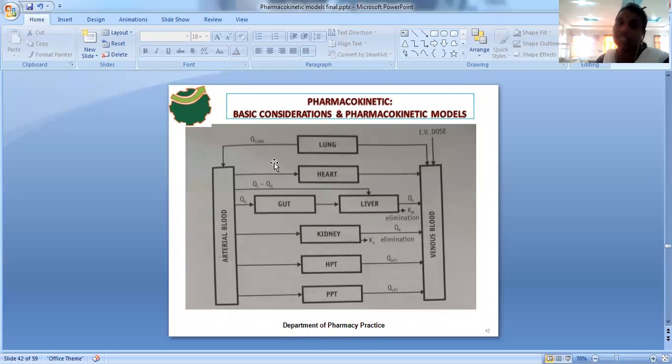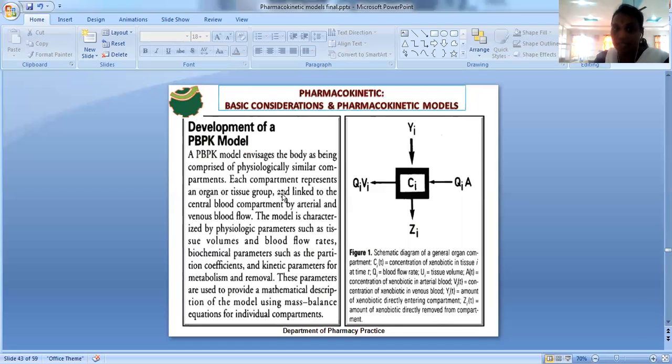Each and every organ is considered as one compartment, or otherwise, the organs which have similar disposition characteristics and similar perfusion rates are grouped under one compartment. Each compartment represents an organ or tissue group and is linked to the central compartment.